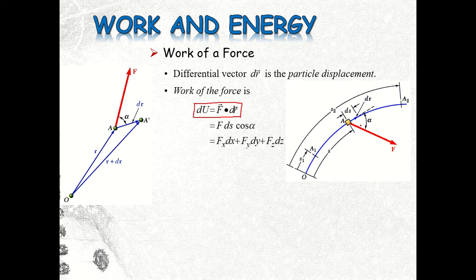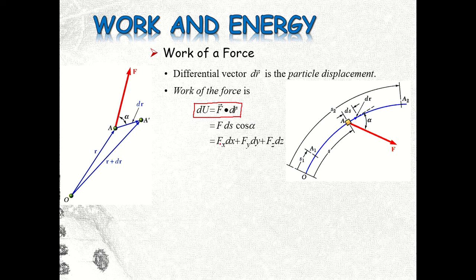We can also define the work done due to this force as equal to the force F applied, multiplied by ds, this differential displacement, multiplied by the cosine of this angle alpha. So we have the differential of work: dU is equal to F ds cosine alpha.